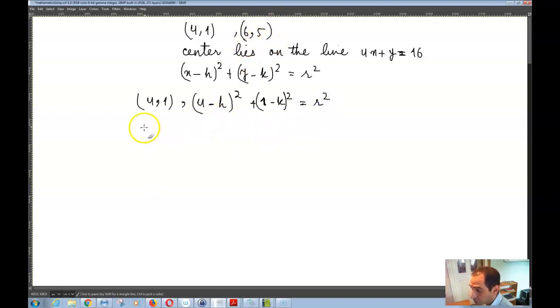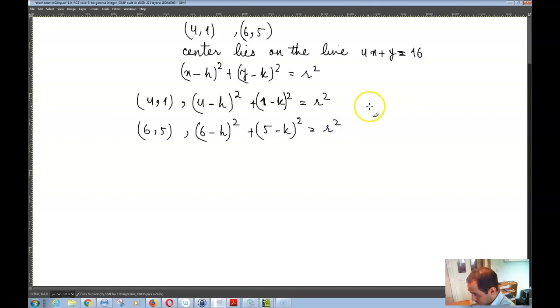And if the point 6, 5 is on the circle, then you can write 6 minus h whole squared plus 5 minus k whole squared is equal to r squared. Let me call these equation number 1 and 2.